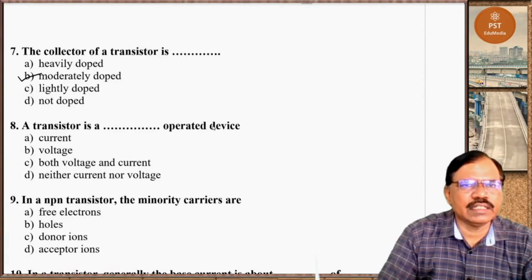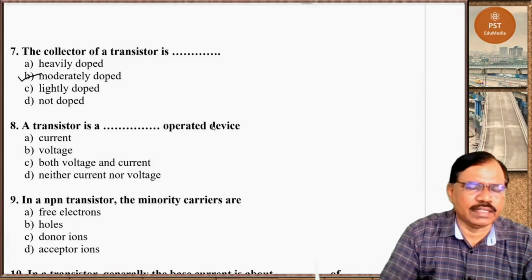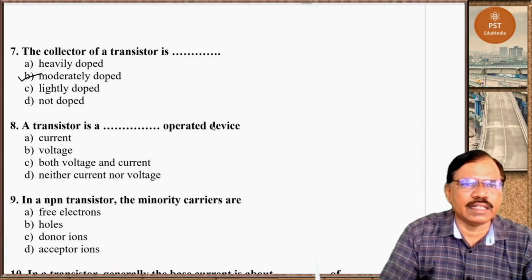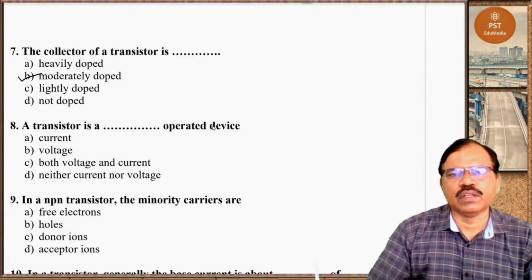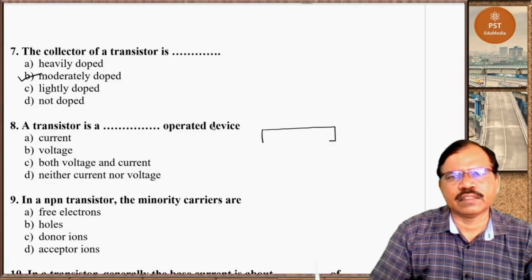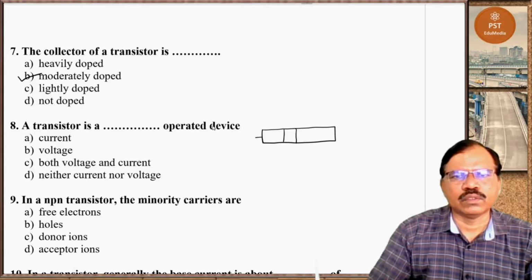A transistor is a dot operated device: current, voltage, both voltage and current, neither current nor voltage. So suppose we take here a transistor. This is emitter, base and collector.